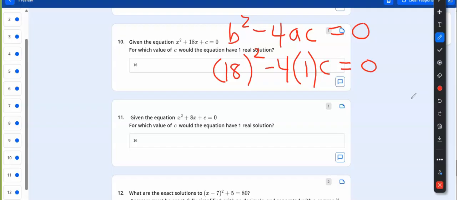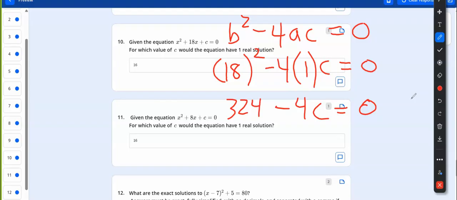How do I solve this? -4 times 1. And what is -4 times 1 times C? -4C. Yep. What about 18 squared? 324. Okay. So, how do we solve it?